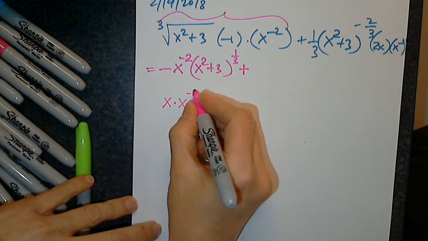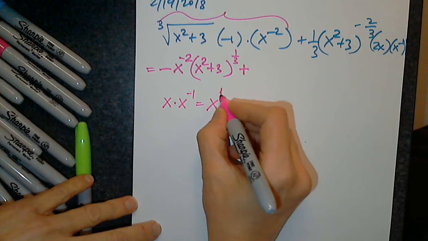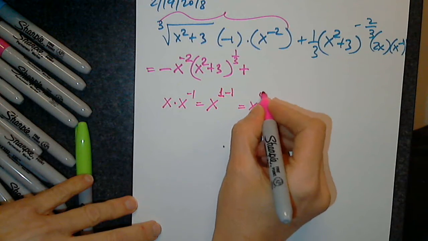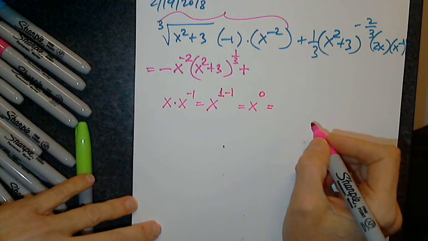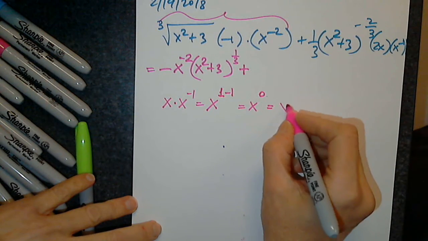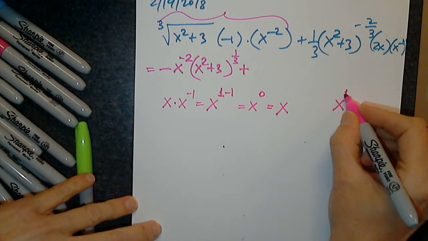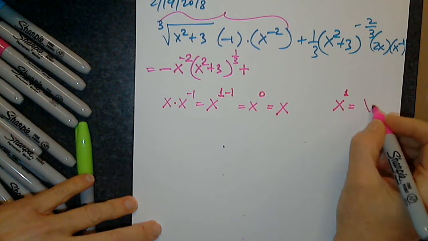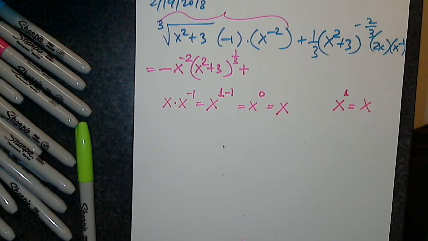X times x to -1, I copy the base. 1 minus 1 is x to 0, and x to 0 is? If x to 0 is x, how much is x to 1? X to 0 is 1. Perfect.